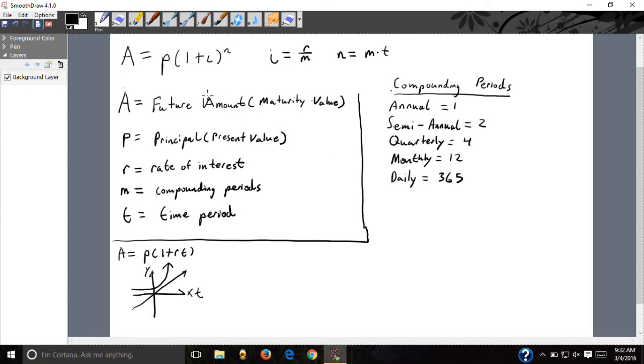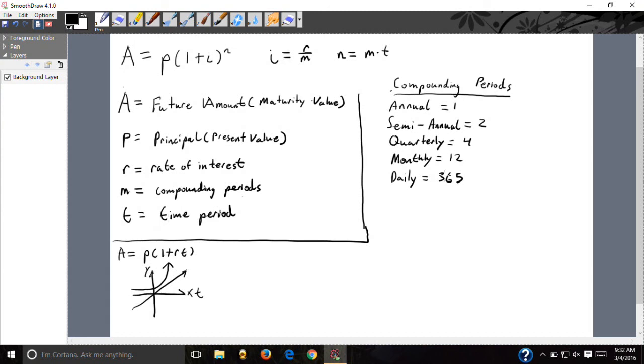So one of the things I also want to talk about is that right here, this I is actually equal to r over m, or if we look over here, your rate of interest divided by m, which is your compounding periods. And n is equal to m times t, which is your compounding periods multiplied by the time period.